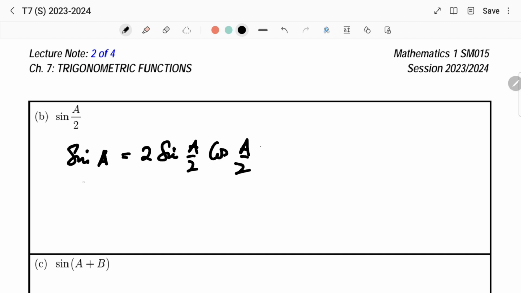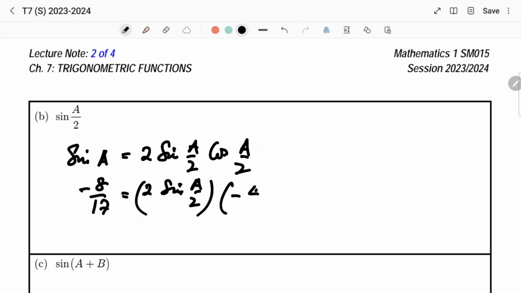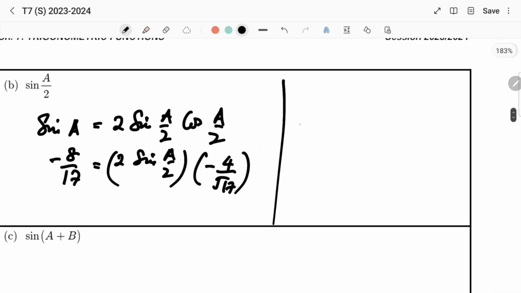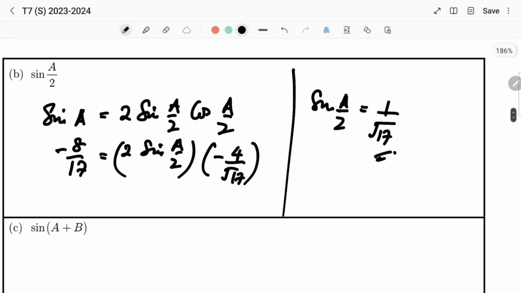Sine A is negative 8 over 17, so we have here 2 sine A over 2, and cos A over 2 is negative 4 over 17. So rearrange and simplify, and we have sine A over 2 equal to 1 over 17. When you bring this part over, you divide with this, and this is what you will get.